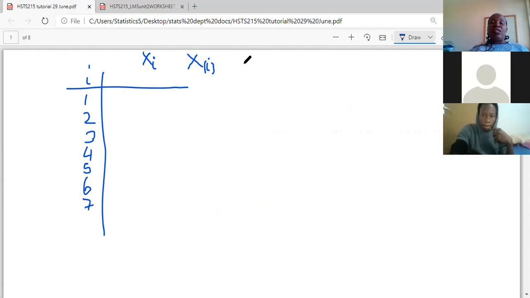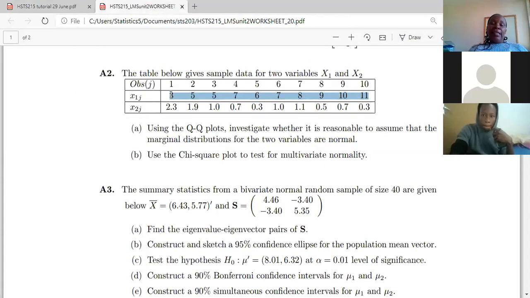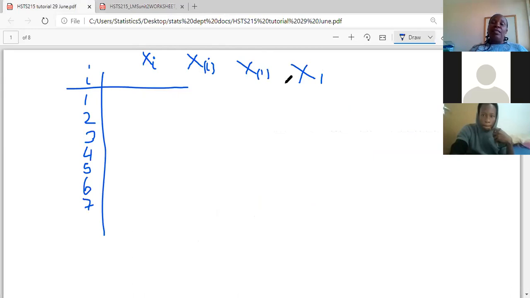So if I say x(1), I'm saying the smallest of the observations. But when I say x1 without brackets, I'm saying that's the first observation in my sample. In this case, this 3 is x1 without brackets, and it also happens to be the smallest. But you will see that for some, xi without brackets and x(i) in brackets would be different. So that's the notation. This is an ordered statistic.